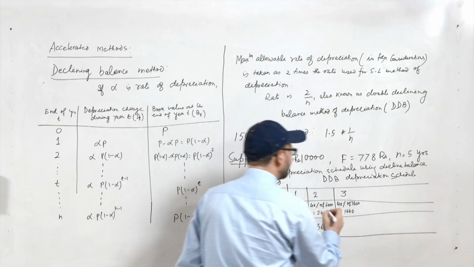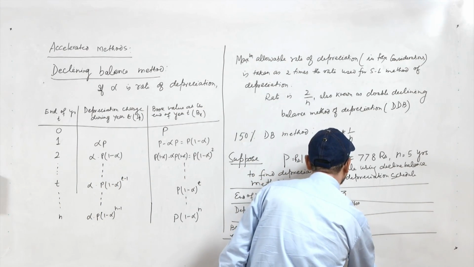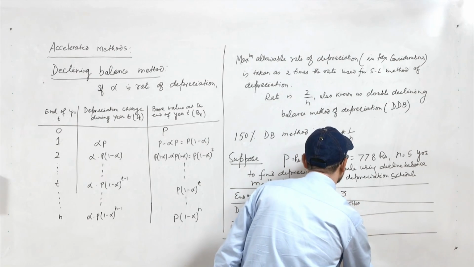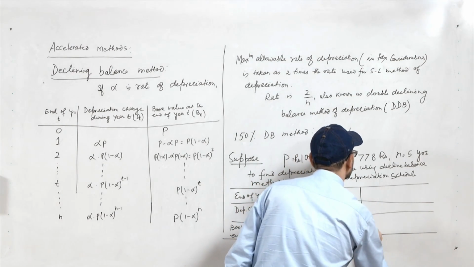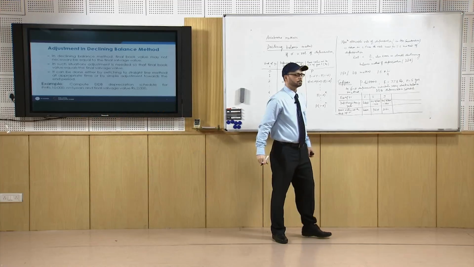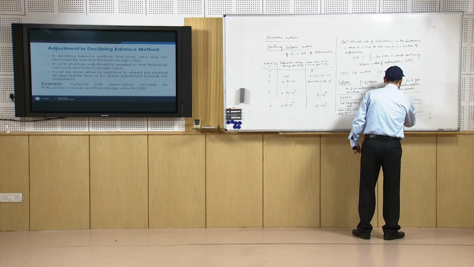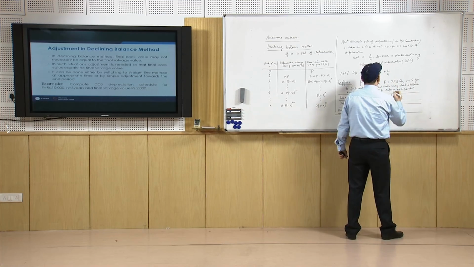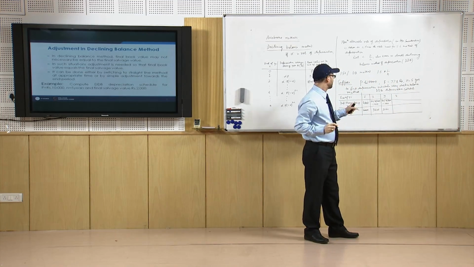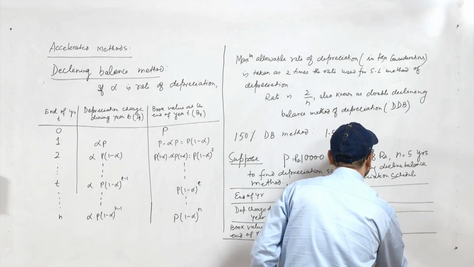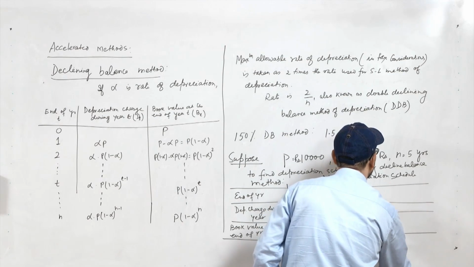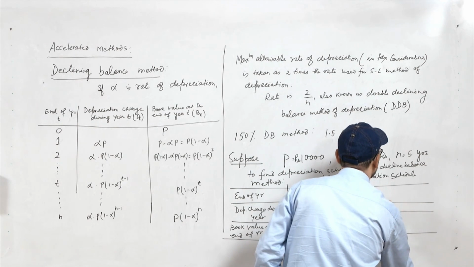So, book value at the end of third year will be 3,600 minus 1,440, that is 2,160. In the fourth year, again during the fourth year the depreciation charge will be 40% of 2,160, that is 864.